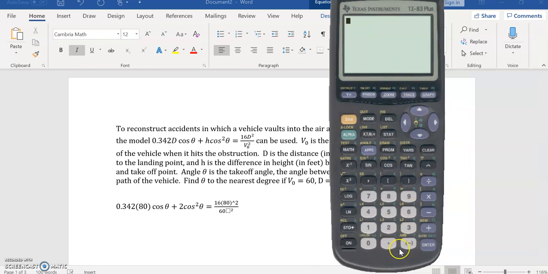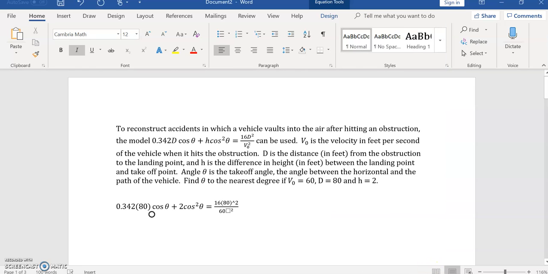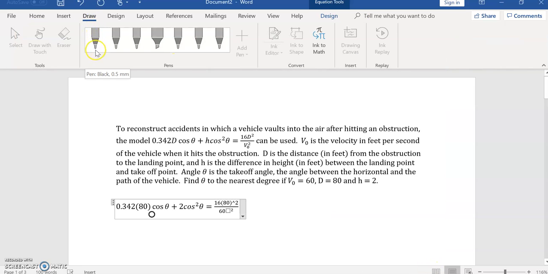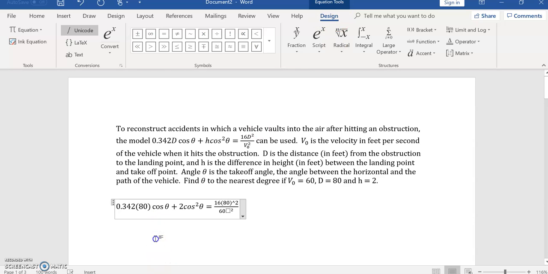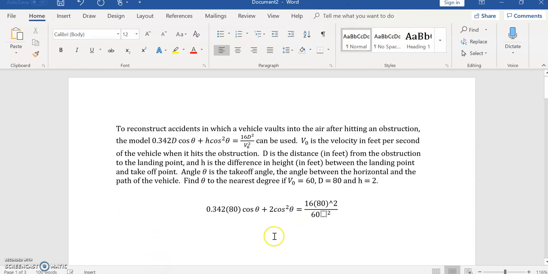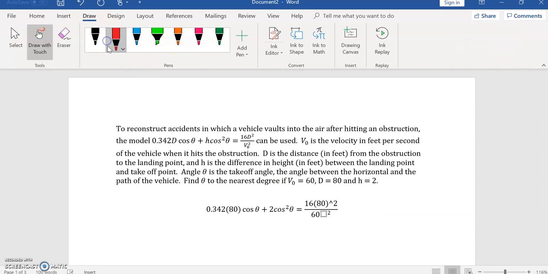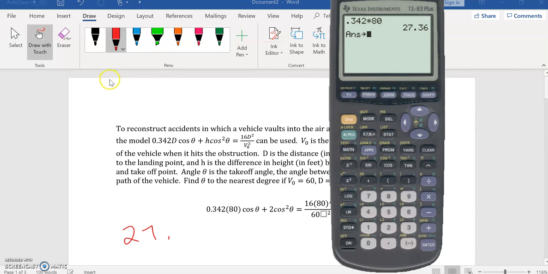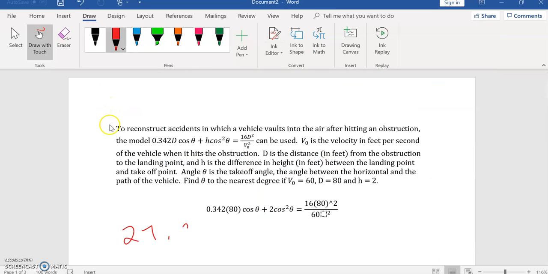So I'm going to start simplifying this. 0.342 times 80 is 27.36, so we have 27.36 cosine theta plus 2 cosine squared theta.